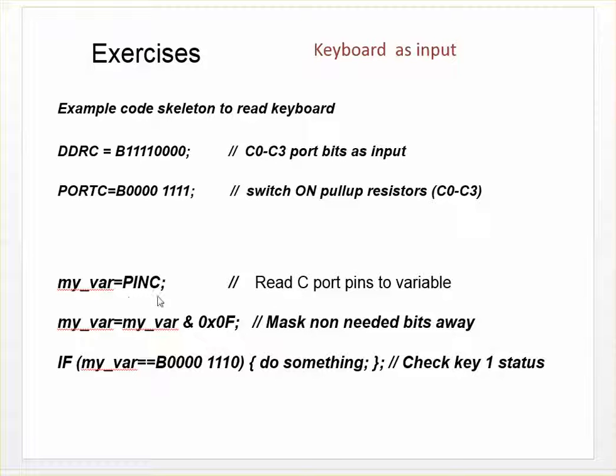Then we can read the C port pin statuses to some variable, for example here myvar, and then mask the not needed bits away and leave the needed or used bits in the variable. And then with the if statement we could check whether that certain key is pressed or not.